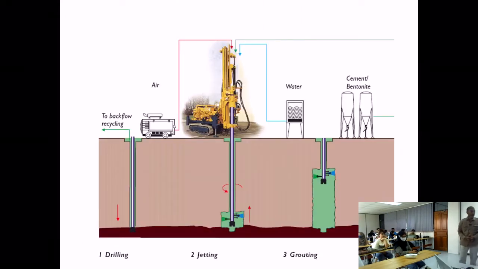That probably is a better illustration of how the jet grouting is done, right? First, of course, you will drill an opening into the ground, and then the jet grout will create the column that you need to support whatever highway or building.